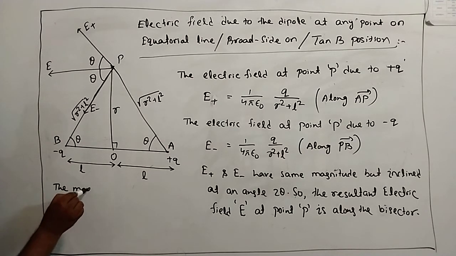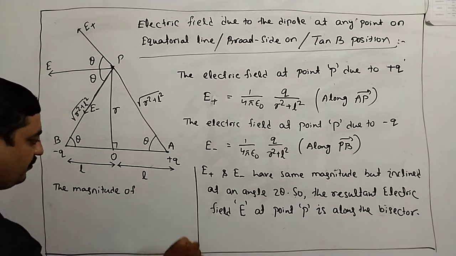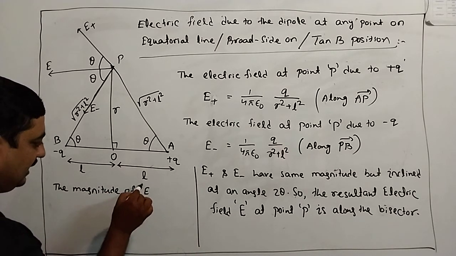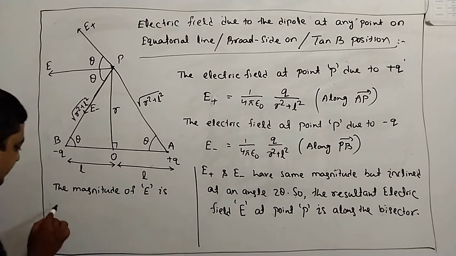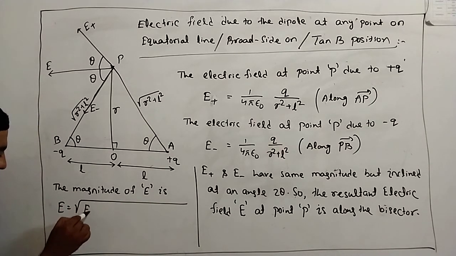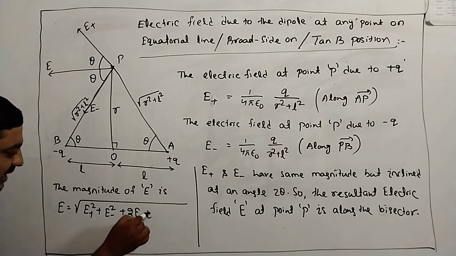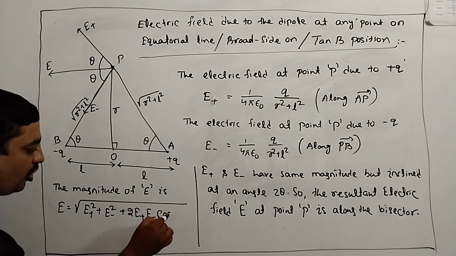The magnitude of E is E equal to root over of E plus square plus E minus square plus 2 E plus E minus cos 2 theta.